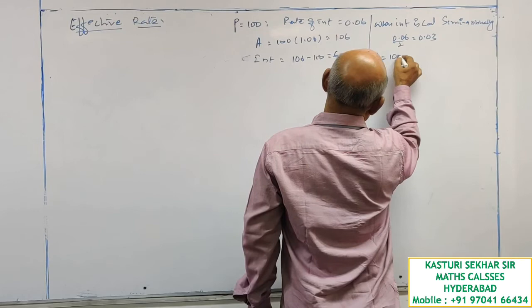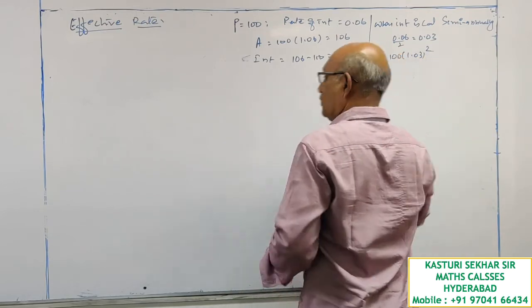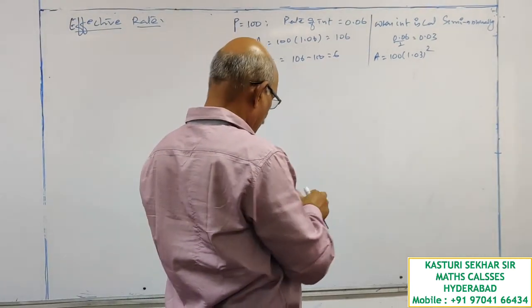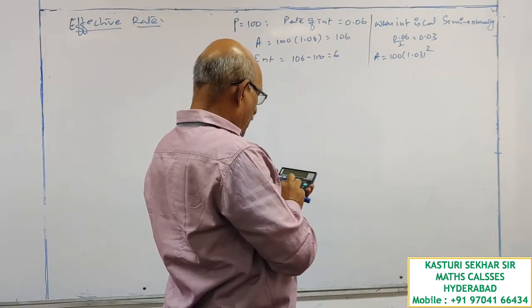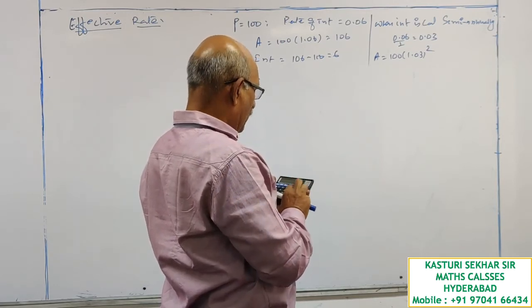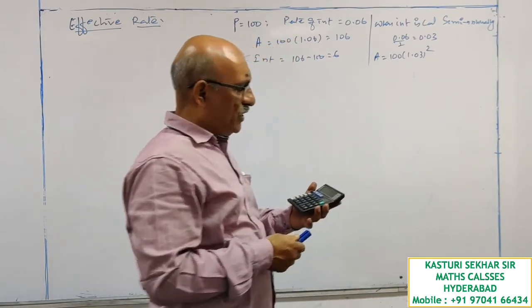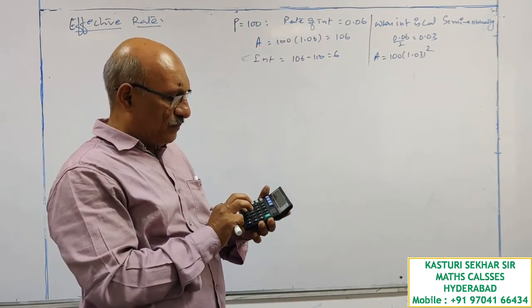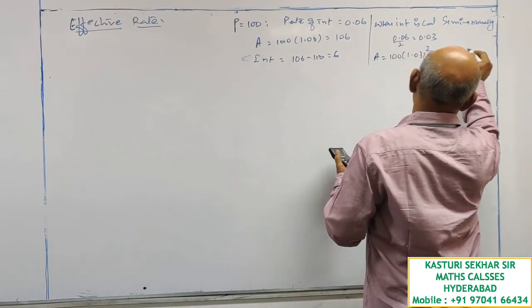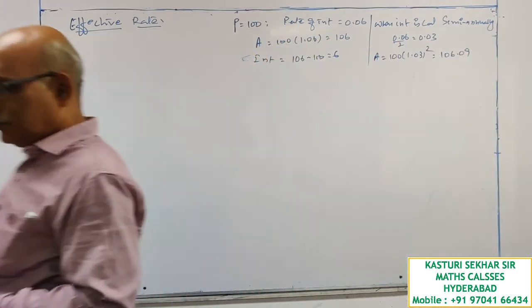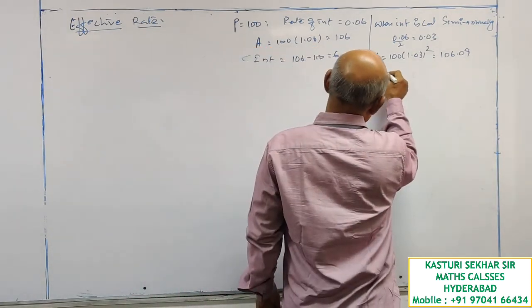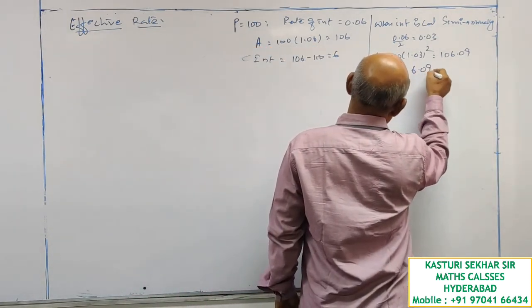So amount is equal to 100 into 1.03 whole square, which is 1.0609 into 100. This is 106.09. Now, interest is equal to 6.09.